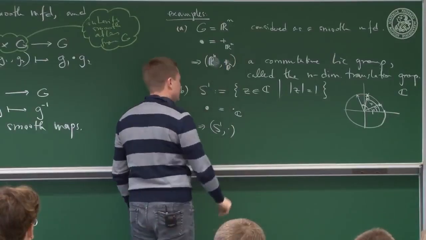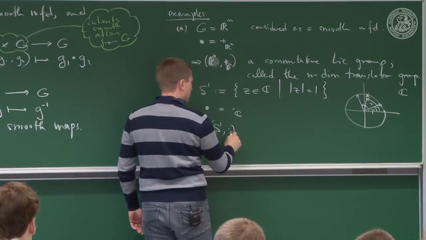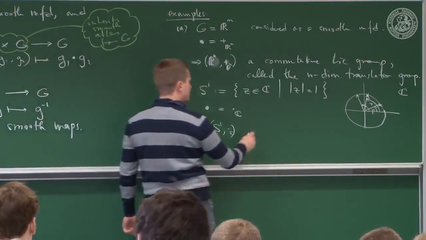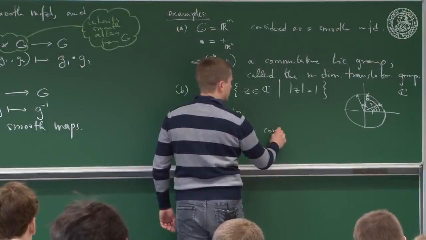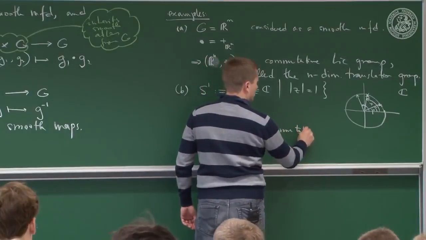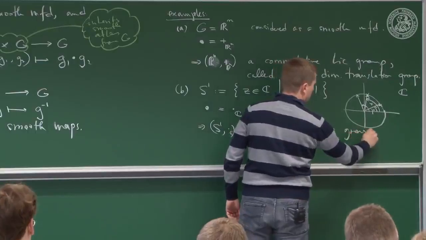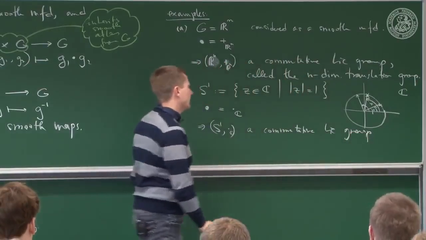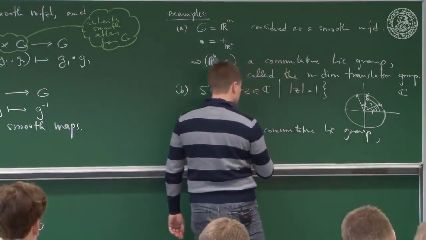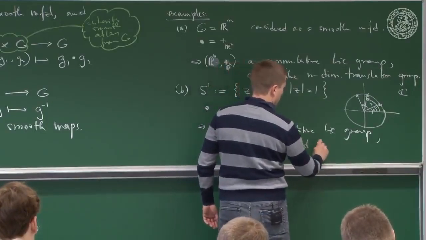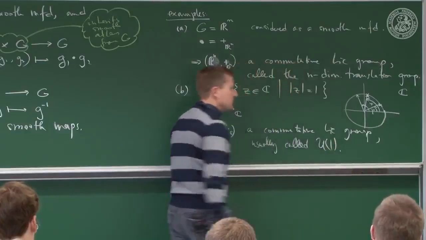And so it follows that, well, I should have written here Rn with its addition, Rn is the translation group, and S1, considered as a subset of the complex plane together with the multiplication, is again a commutative Lie group, again a special case, and this is usually called U1. It's the U1 group.